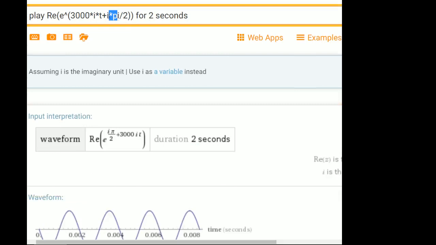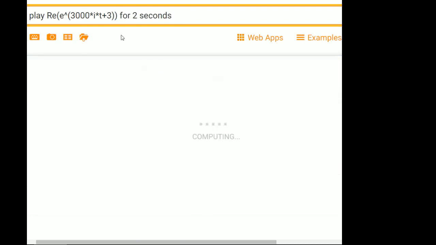If you add something real here, like 3, it's the same thing as putting it as times exponential 3, and then it's equivalent to multiplying by exponential 3. So it will just increase the, how it's called, the amplitude of the signal.